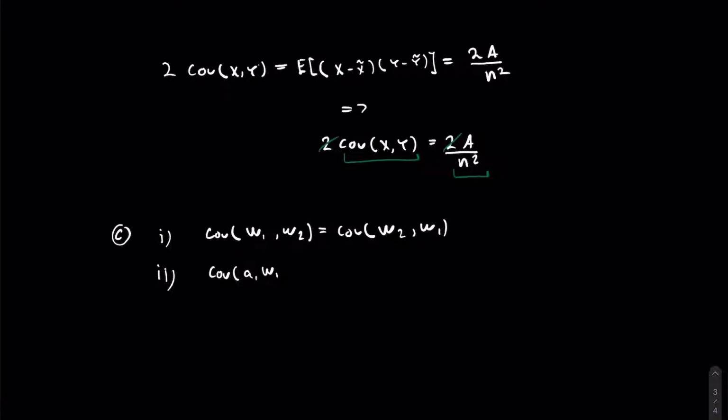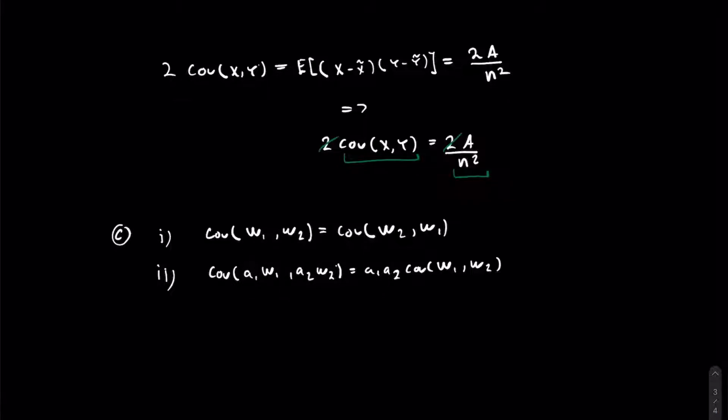So we have some constant A1, and then some other constant A2. Why is the following interpretation valid? Why should the right hand side here be A1 A2 times the covariance of W1, W2? Okay, why is this true?